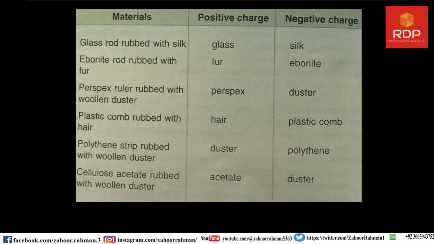One thing you have to keep in mind is that there is a duster here and a duster here. In two cases, the duster is negatively charged, and in one case, the duster is positively charged. So you should not always think that a duster is either negatively charged or positively charged.